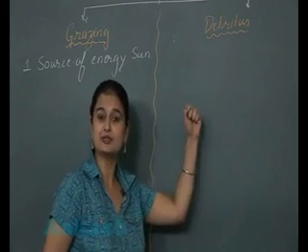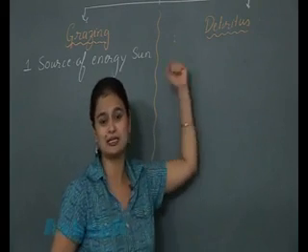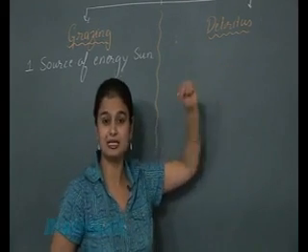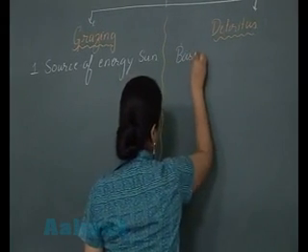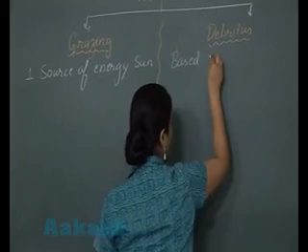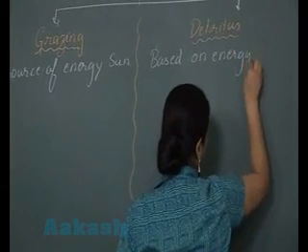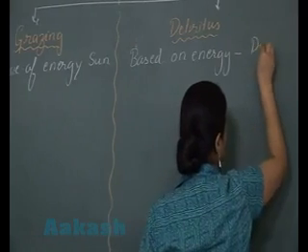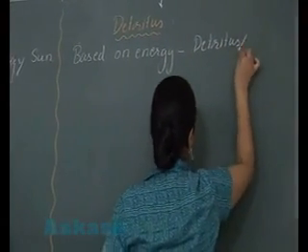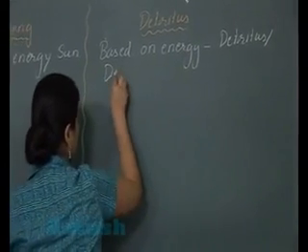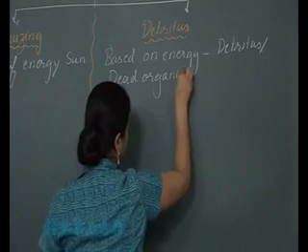So the source of the energy is the dead organic matter, or you can say the source of the energy is detritus. It is based on the energy present in detritus, that is the dead organic matter.